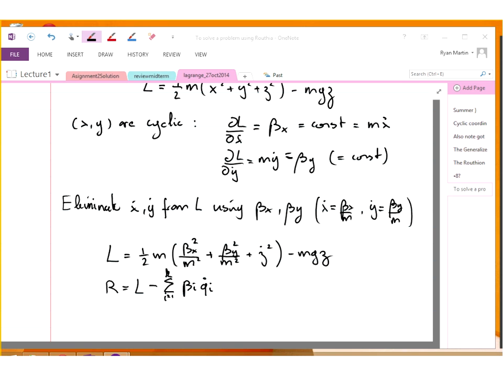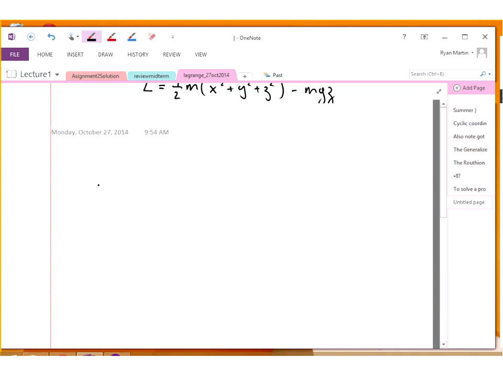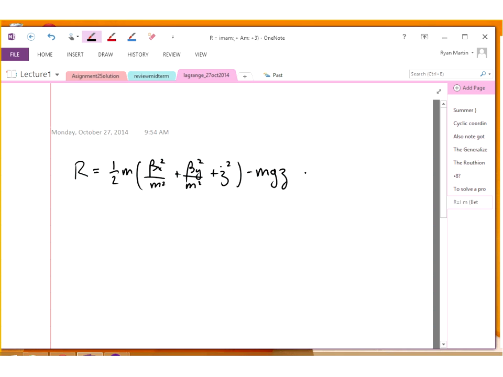So if I sub that in on the next page and get R, it's equal to L. So that's a half m beta x squared over m squared plus beta y squared over m squared plus z dot squared minus mgz, that part is L. And then minus beta x x dot minus beta y y dot.